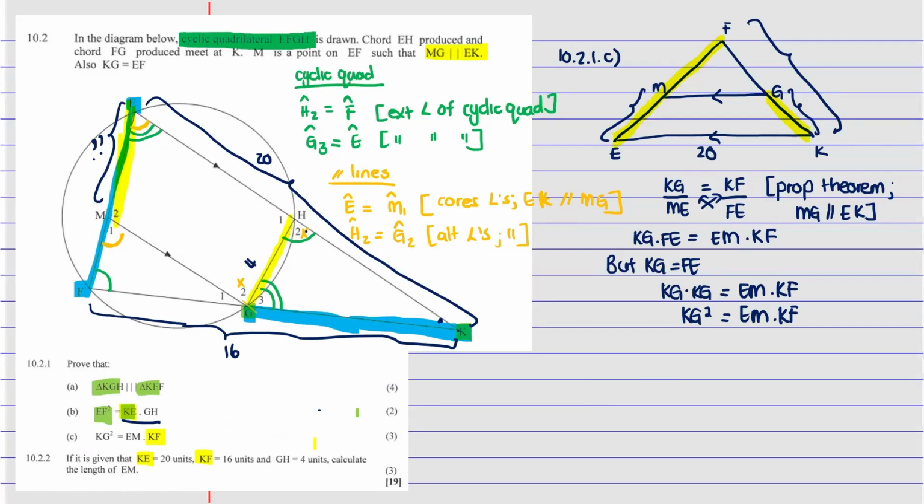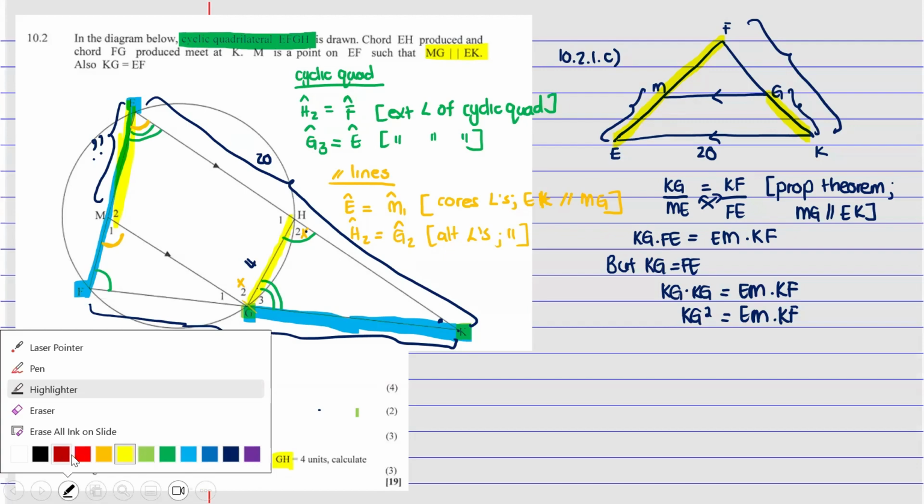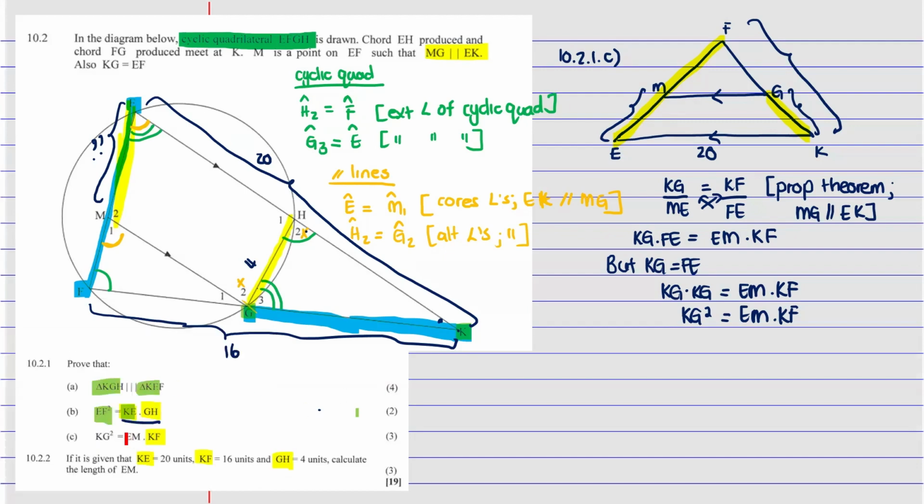So one comes from the similarity and the other one comes from the parallel lines. Then we have GH, which is at similarity. Then what we want to calculate, and I'm going to highlight in red, is this EM. And this EM comes from the parallel. So this is great.